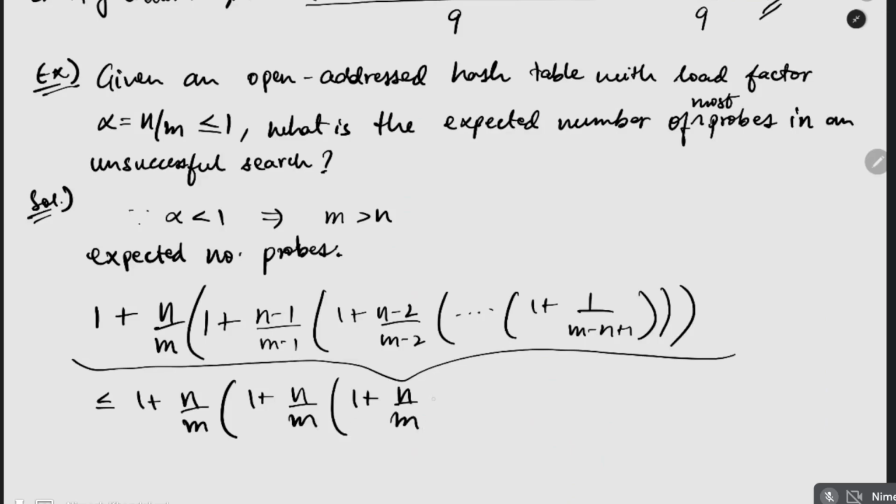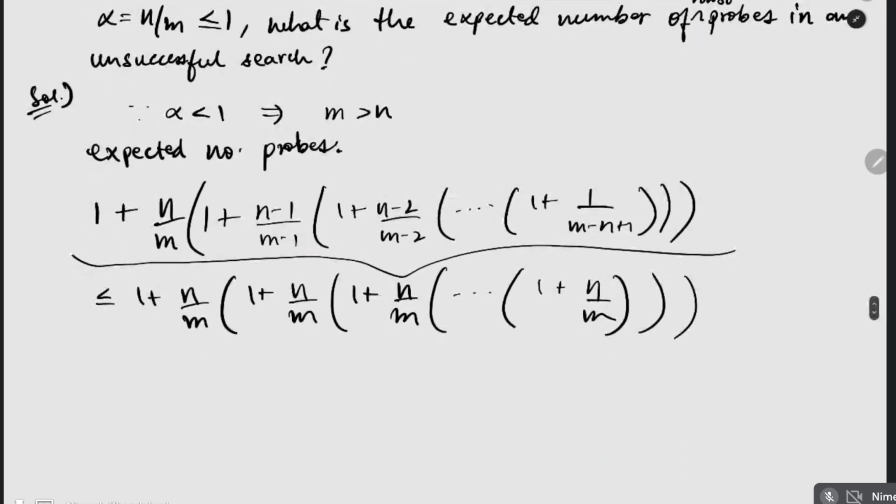Because it will be less than this. So this quantity, our expected number of probes, will be less than this. This is the upper bound.